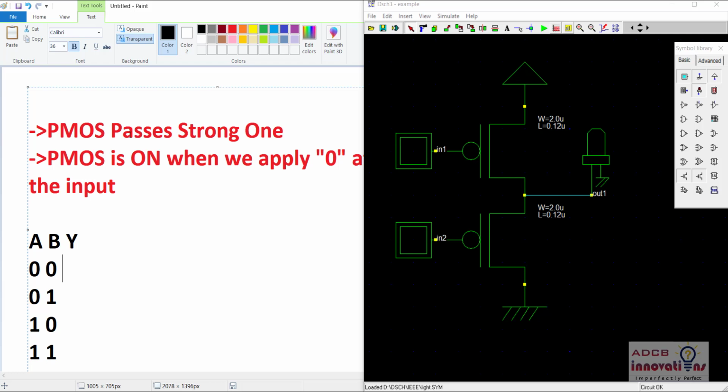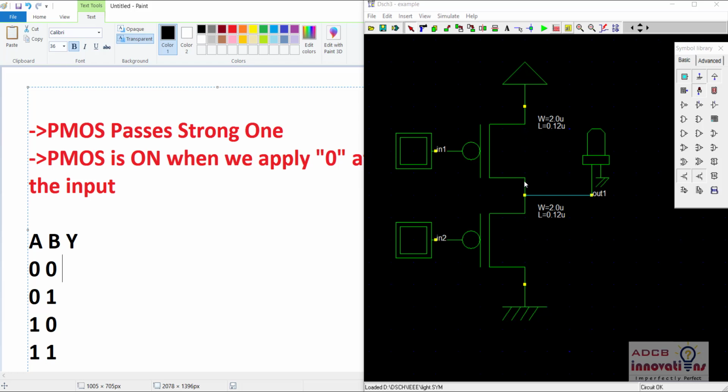All right, so in the first case, both A and B are 0 0. That means both the first PMOS and second PMOS will be on. On means short circuited.